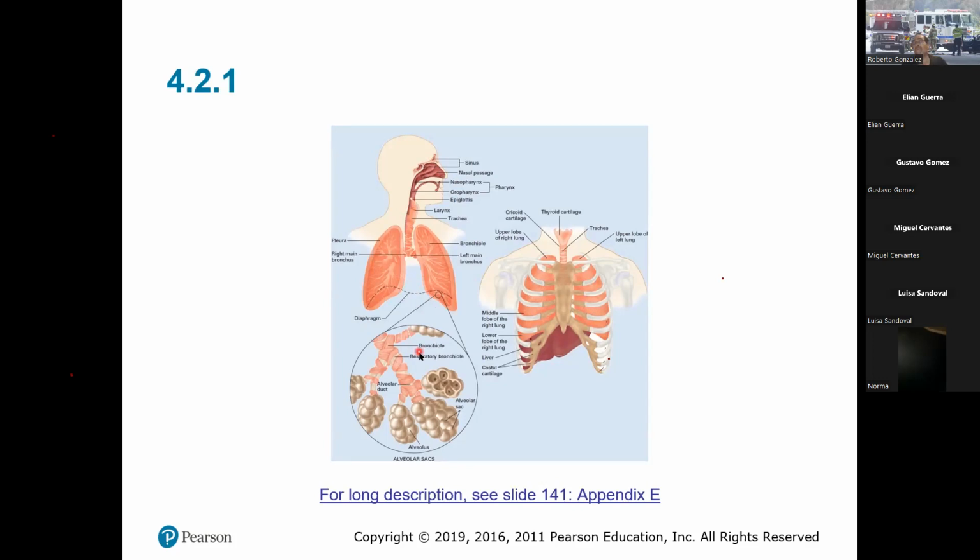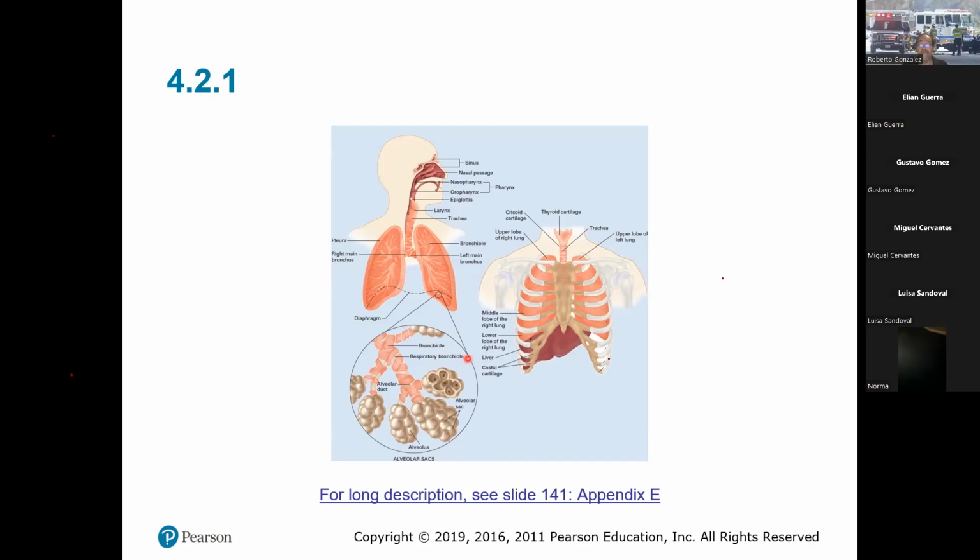Now I'm going to tell you, the only functional unit in the lungs is your alveoli. Your lungs are basically just sponges. They don't expand by themselves. If you take a lung and lay it there, it's not going to do anything.